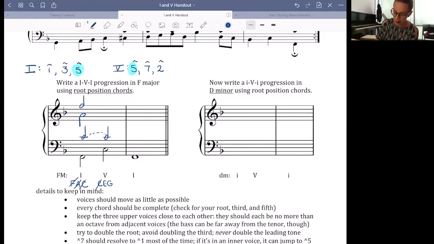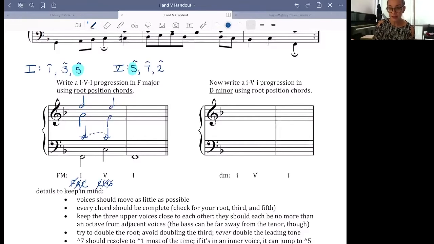If you look at our upper 2 voices, again, we want to be super economical. We are moving people by step or keeping the same note. That means our only real solution is that we move the soprano down to E, we move the alto down to G. And now our resolution.